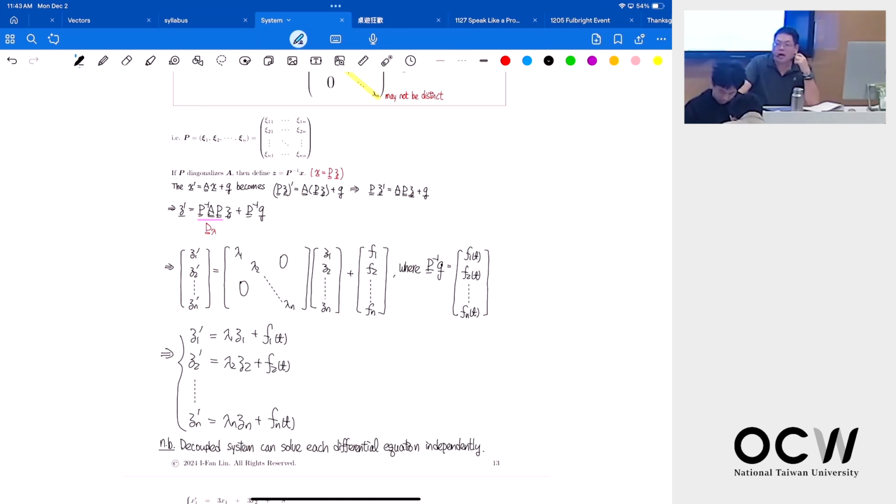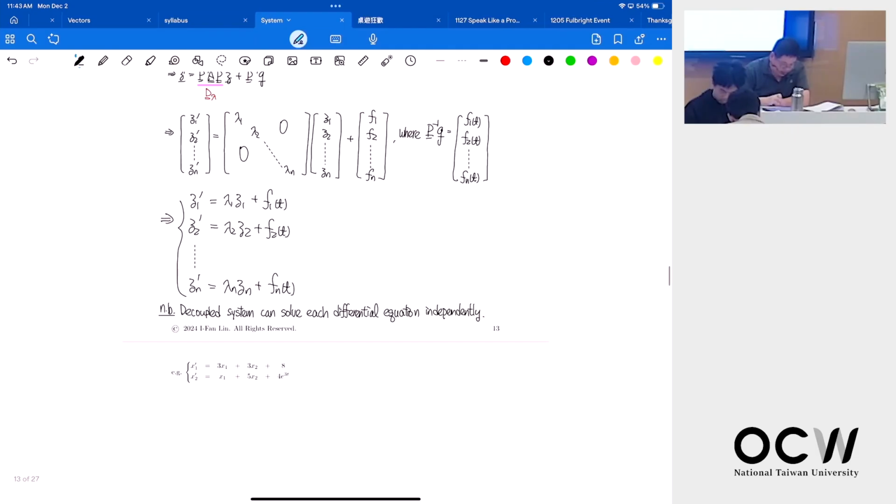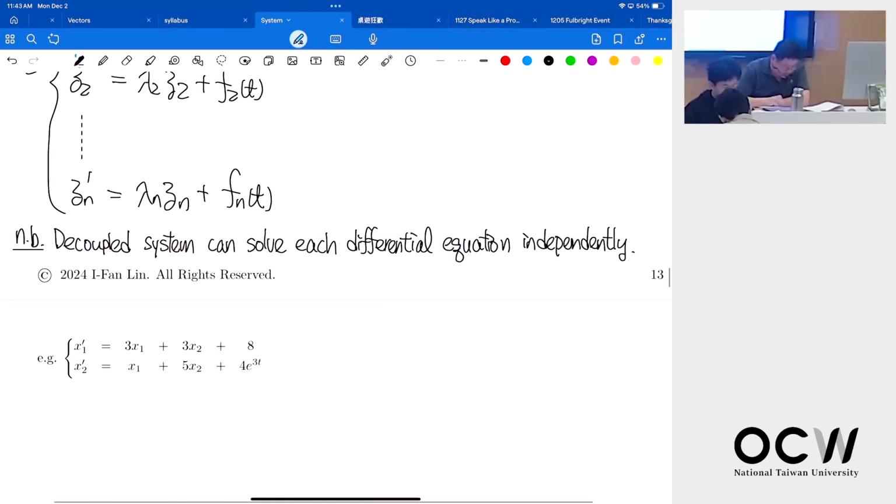Then now we can use a real question to find the solution. Here I have two equations that form a system in x1 and x2.